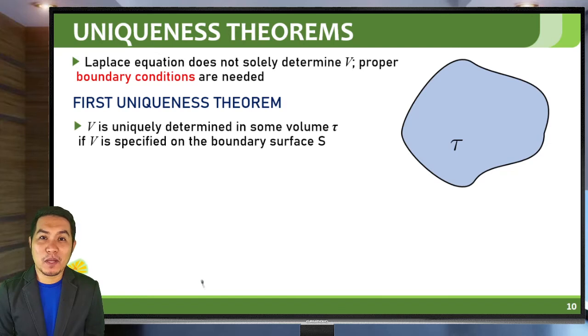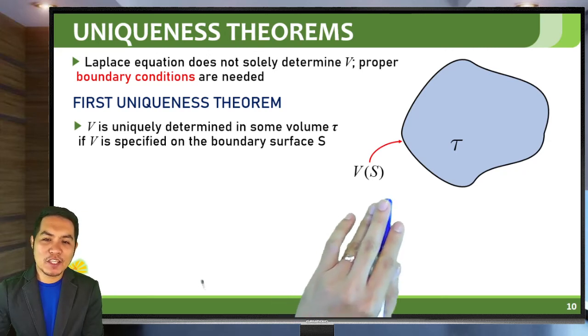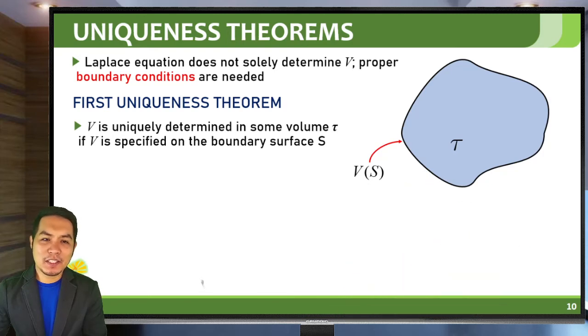So we will now be shifting from V to tau for the volume. So in some volume tau, you can solve the potential in that volume if you know the potential on the boundary surface. So if given the potential on the boundary, then you can solve for the potential in the volume.